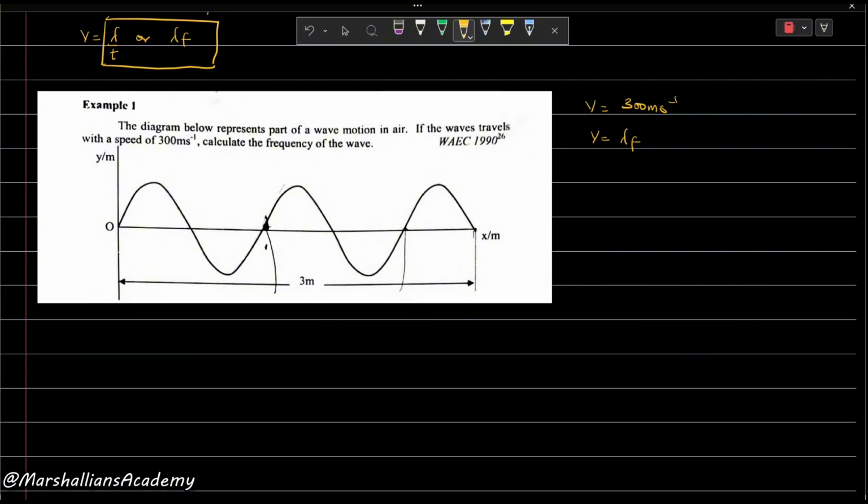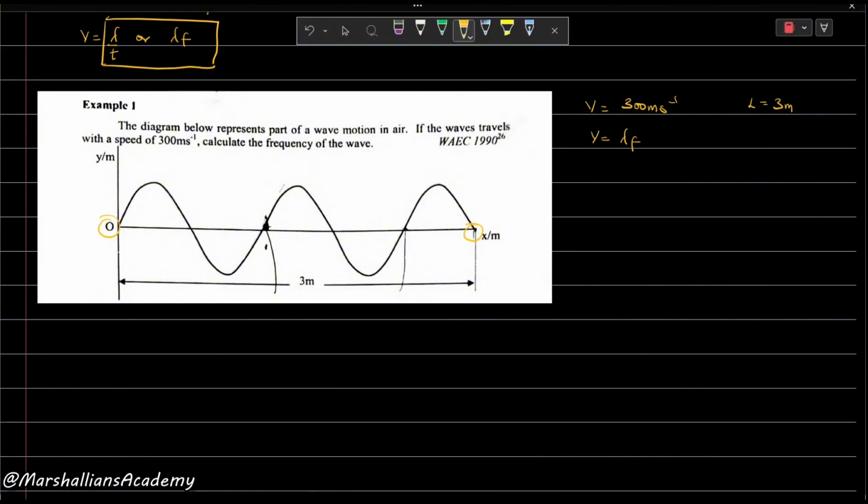This is the relationship between velocity and frequency. Now, there is wavelength too. Look at it. We are told that the distance between point O here and this point is 3 meters. The entire length is 3 meters.